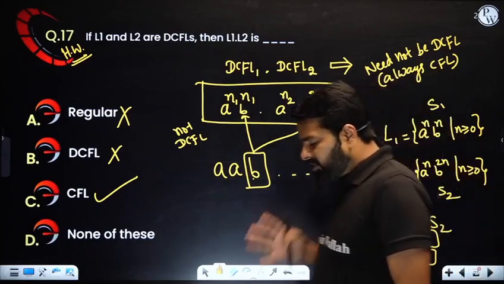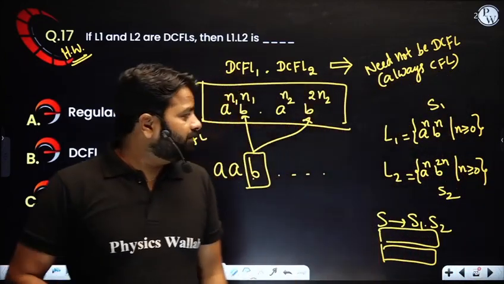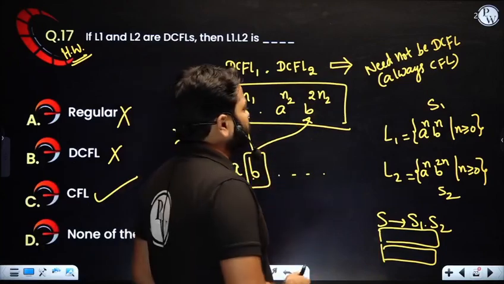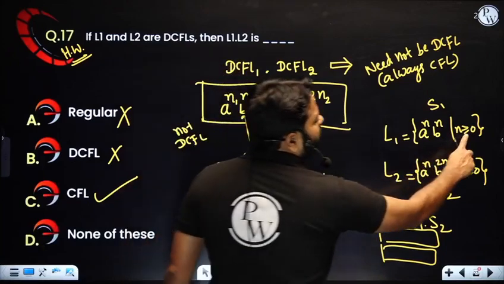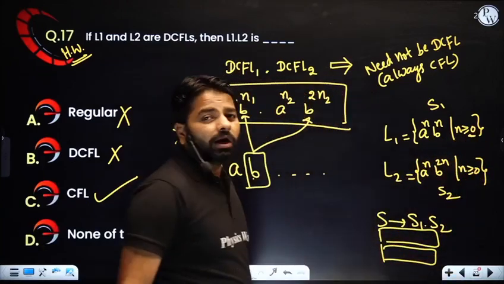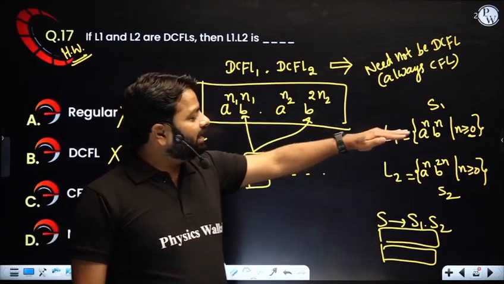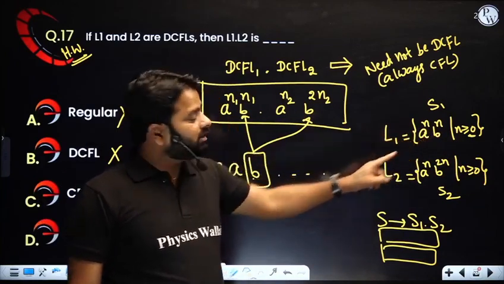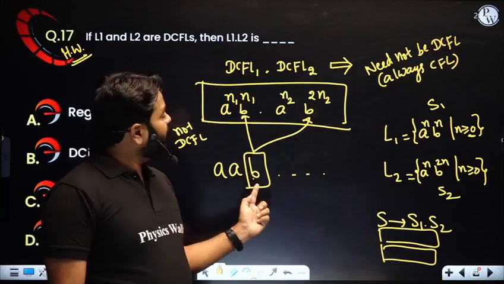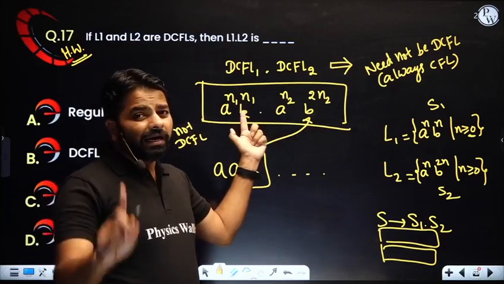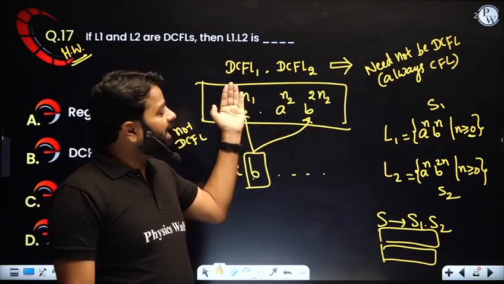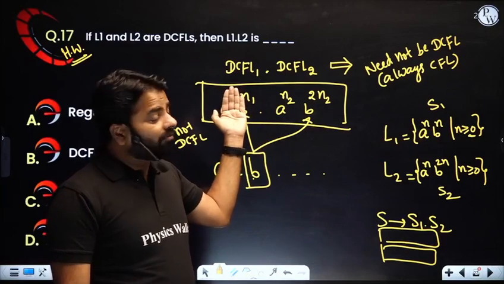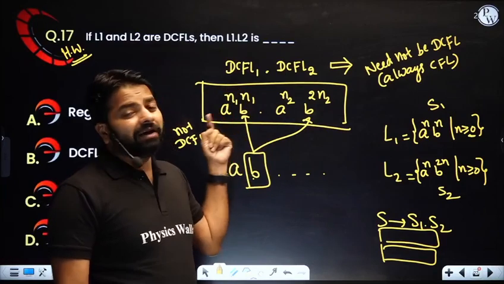For the same question, if I make a small change, this 0 I make it 1, then this AB definitely always happens. So this B you can say is always here, because you said at least one B is there. Then this n1 is at least one value. So 1A 1B is definitely guaranteed.